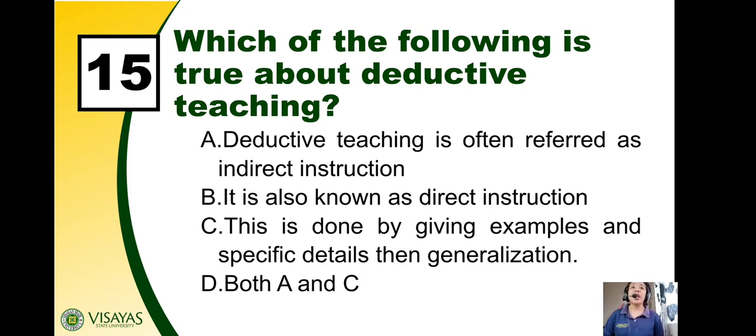Letter D, both A and C. So, again, which of the following is true about deductive teaching? A, deductive teaching is often referred as indirect instruction. B, it is also known as direct instruction. Letter C, it is done by giving example and specific details than generalization. And letter D, both A and C.